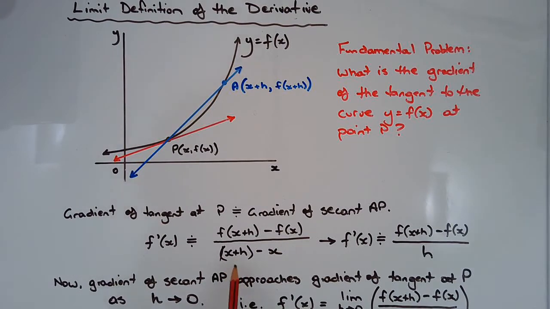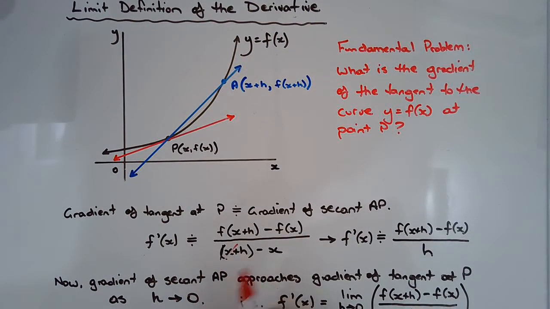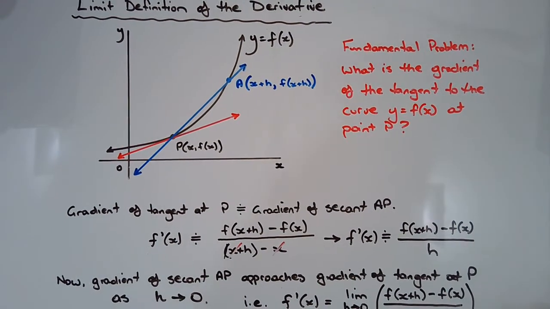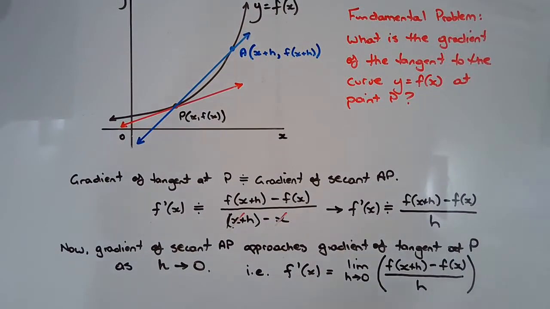Now, of course, in x plus h minus x, the x's cancel, so we can cross those off. And we end up with f dash of x is approximately equal to f(x plus h) minus f(x) over h.